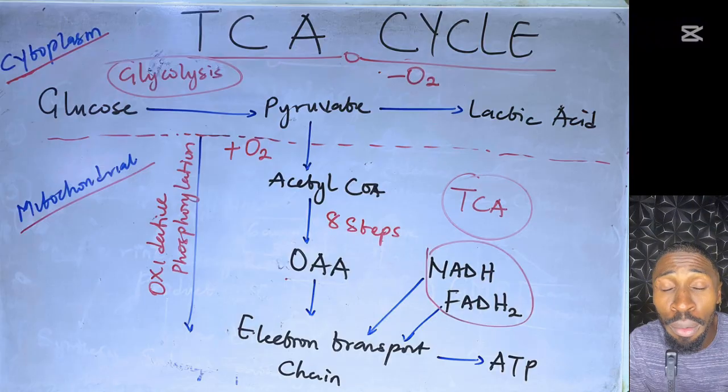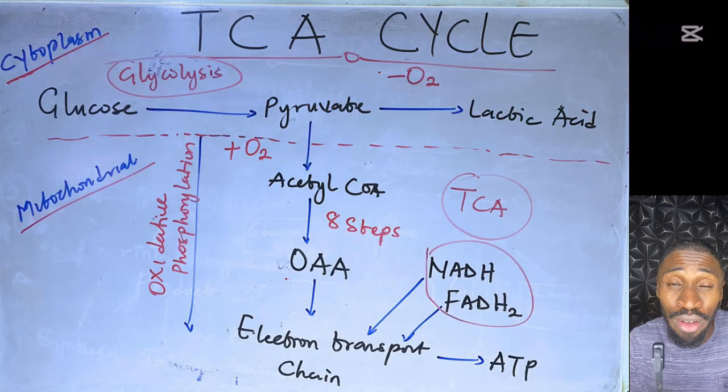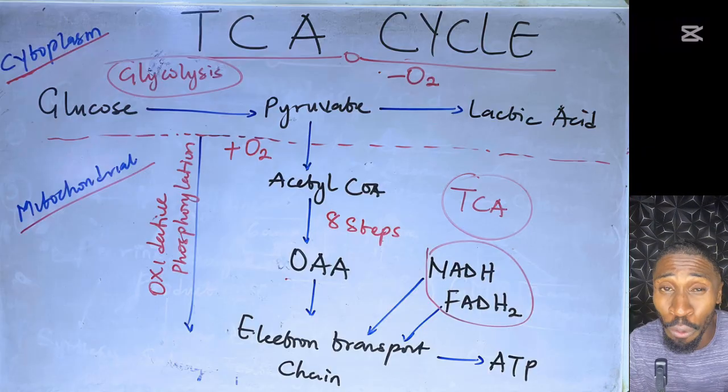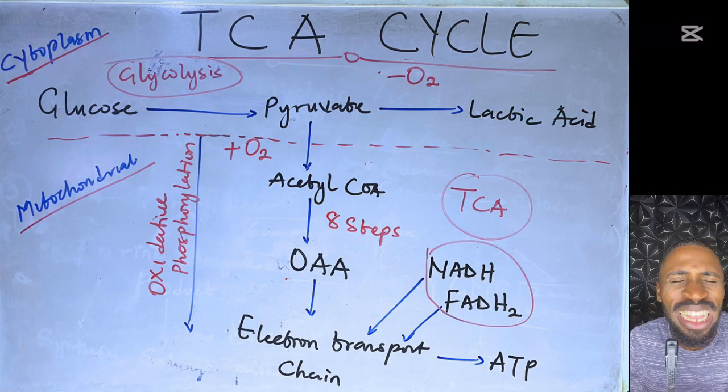In this reaction, we'll be forming various things. And the TCA cycle is very important because other non-carbohydrate sources like amino acids and fat form intermediates of the TCA cycle. They form intermediates of this reaction. So we form ATP here very well, and this can be an intermediary for other non-carbohydrate sources to also form ATP. So it is very, very important.